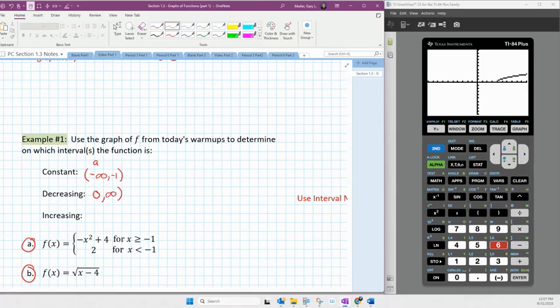Now, I don't want to get too deep into this, but at an individual point, we're not increasing, we're not decreasing, we're not constant. At an individual point, we're doing nothing. We're just sitting there. When we're talking about increasing and decreasing and staying constant, we're looking at what's happening over time as we change.